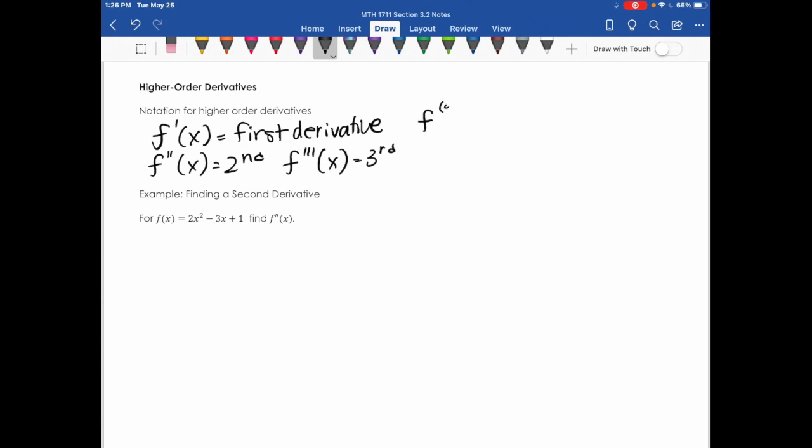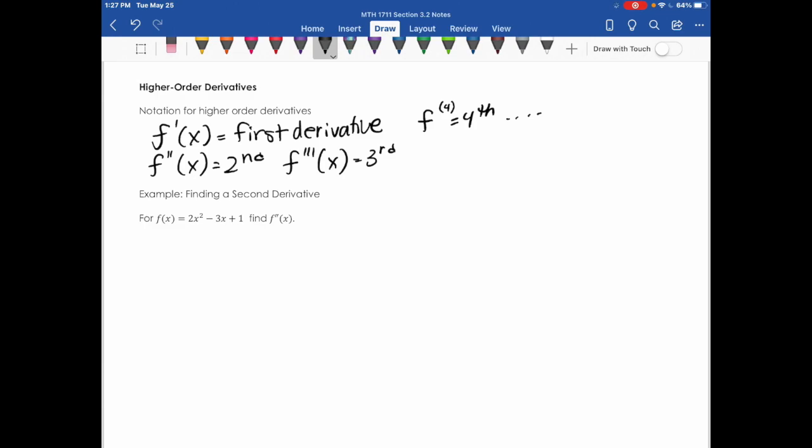And then if you get anything higher than 3, typically you just put the number in parentheses so you don't have too many dashes. So that would represent the fourth derivative. And so you could keep going. So up to the third derivative, you can use the little prime symbols, the little slashes up there. And then after that, just use parentheses with the number of the derivative in it.